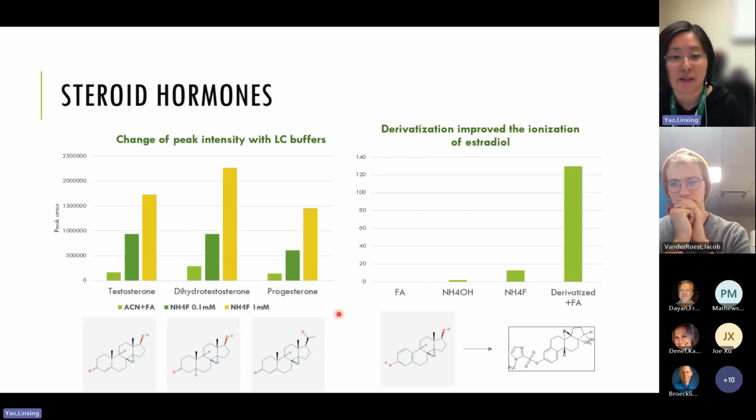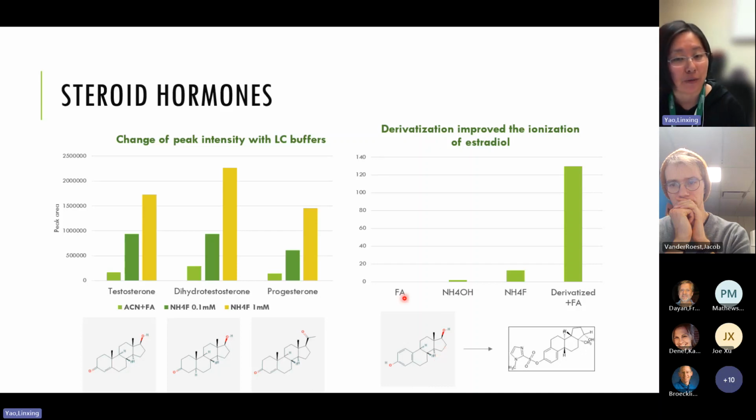So we need a much higher sensitivity compared to other steroids in the panel. However, estradiol can hardly ionize because it doesn't have a polar group that can be easily ionized.